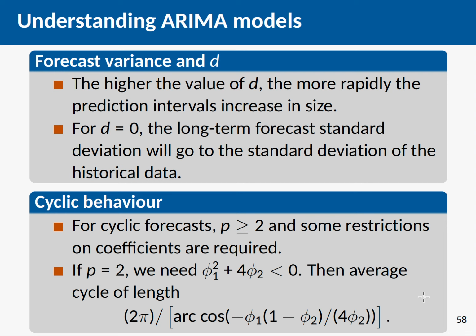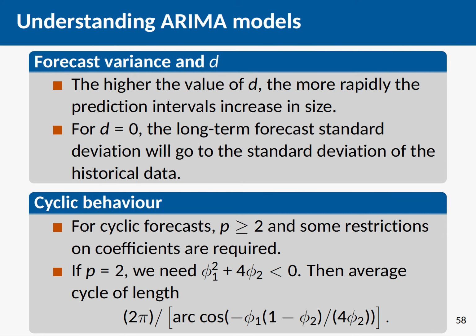So the more you have to difference, the larger the prediction intervals would be. For d equal to 0, when no differencing is required, the long-term forecast standard deviation would tend to the standard deviation of the historical data. Similarly, for cyclic behavior, there are other types of restrictions that we don't need to go into detail about for now.